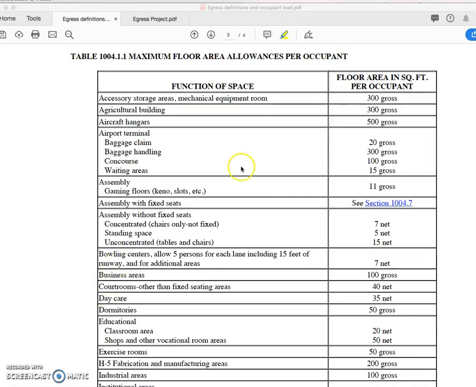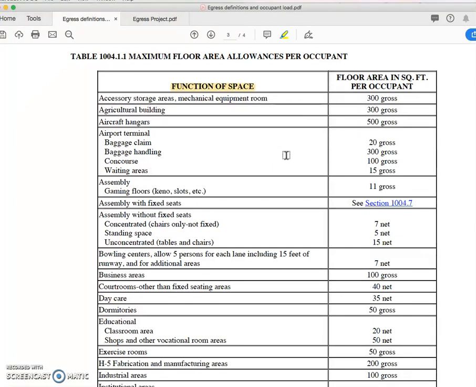So if you look at our table 1004.1, the function of space here is, what are you going to use it for? What's its function? So we're going to ask that question.